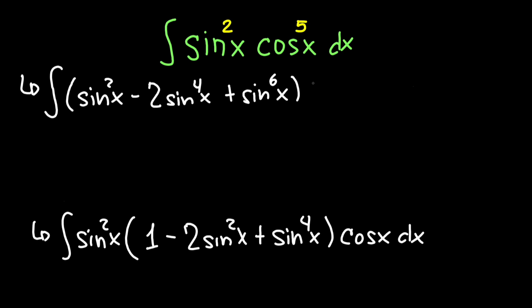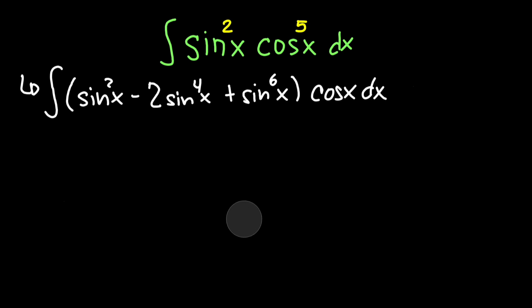Copy the rest again. Now that we have reached this, we can see here that we have a lot of sine, and thus let u here be sine of x.